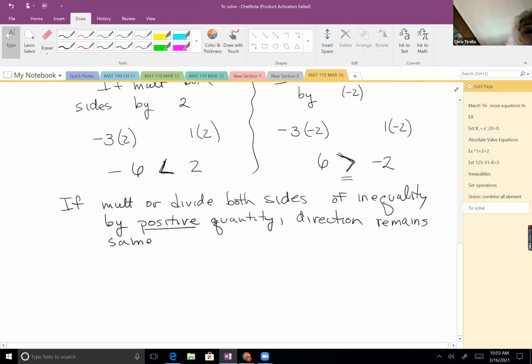But instead, if we multiply or divide both sides of an inequality by a negative, the direction reverses.